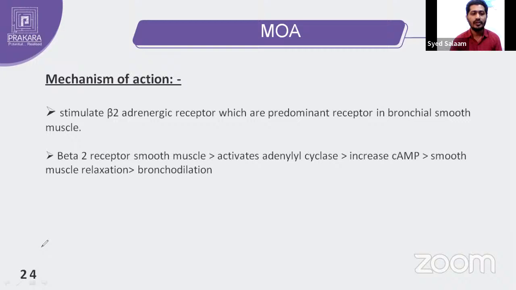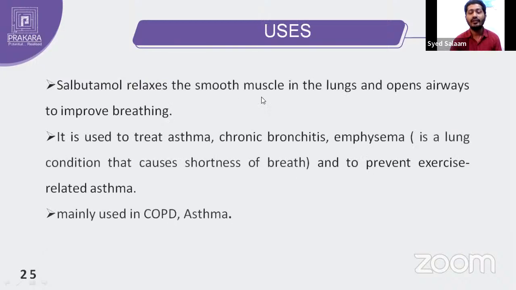If we go towards the uses of salbutamol, it relaxes smooth muscles in the lungs and opens the airways to improve breathing. That is why it is used in asthma, chronic bronchitis, and emphysema, in which the lung condition causes shortness of breath, and to prevent exercise-related asthma.